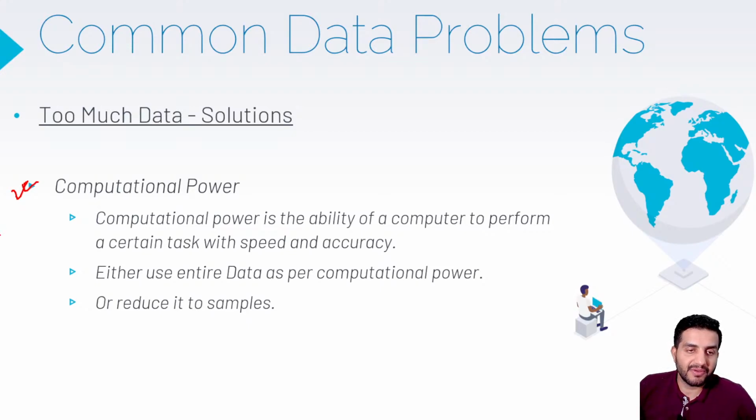So computational power is again talking about the infra availability, my competency to process the abundant data I have in terms of solving the data problem. So computational power is nothing but the ability of a computer or any infra machine to perform a certain task with speed and accuracy.